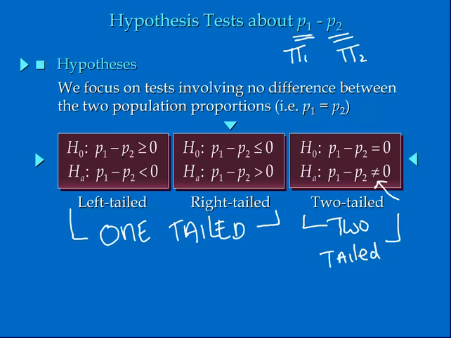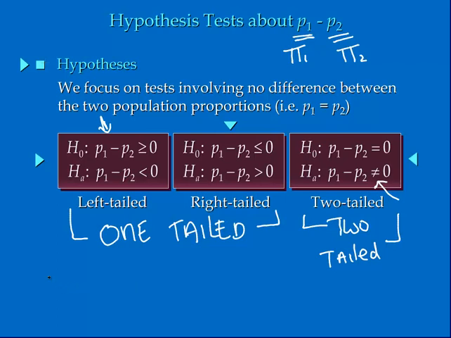Look at this one here: is the difference in population proportions, P1 minus P2, greater than or equal to 0? Or alternatively, is it less than 0? Likewise for the rest of them, there is P1 minus P2. Is P1 minus P2 equal to 0? Is P1 minus P2 not equal to 0?